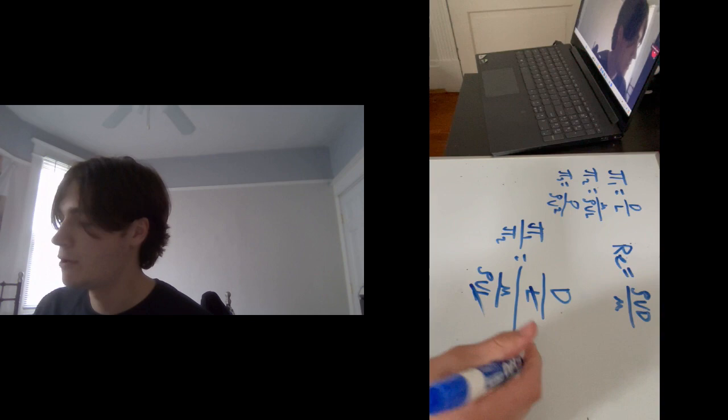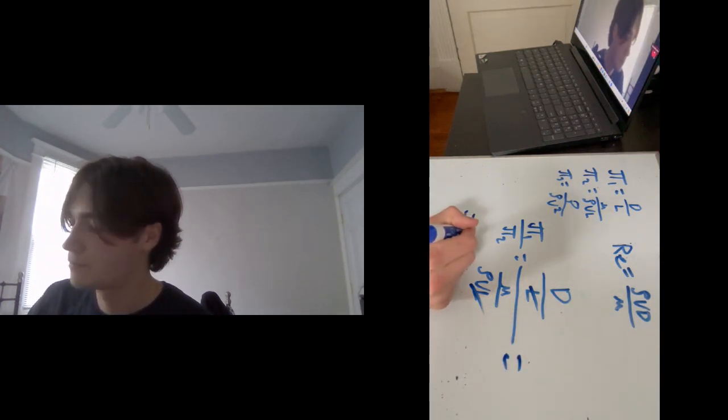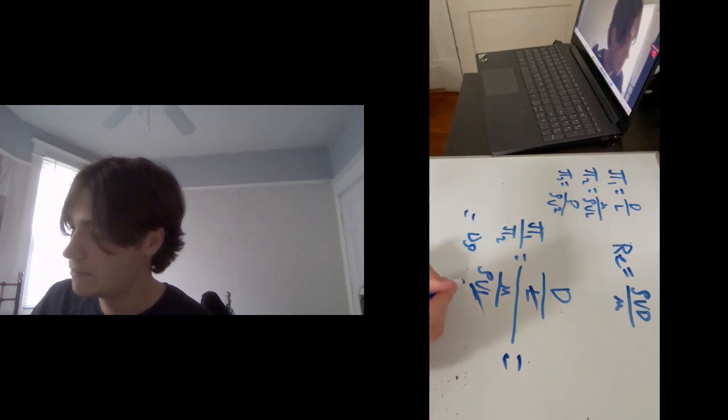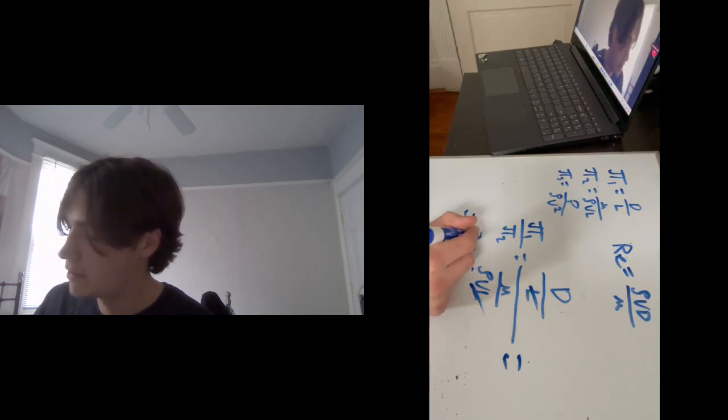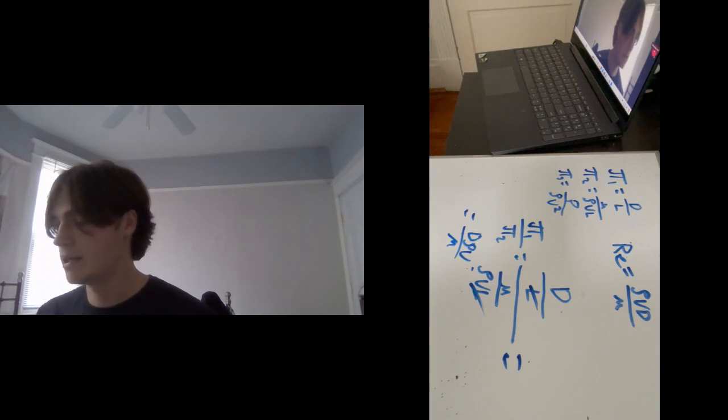It's going to be D, and then this rho and V will come to the numerator. So D rho V over mu. So we can see that's exactly the same as Reynolds number. So that's what we got.